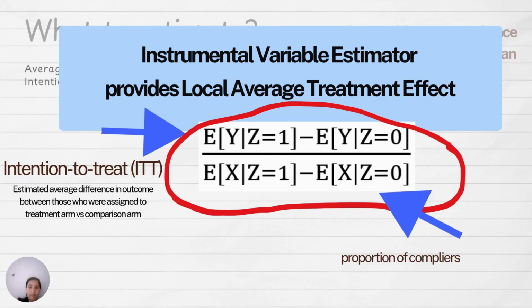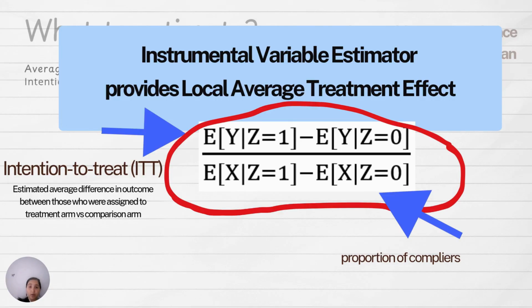When we divide this intention to treat estimate by the proportion of compliers, the denominator is the estimated value of treatment among those assigned to treatment minus the estimated value of treatment among those not assigned to treatment. That is the proportion of compliers, and this value would ideally be 1.